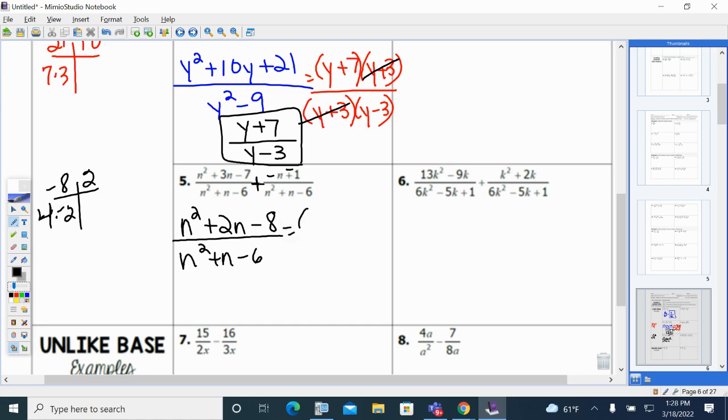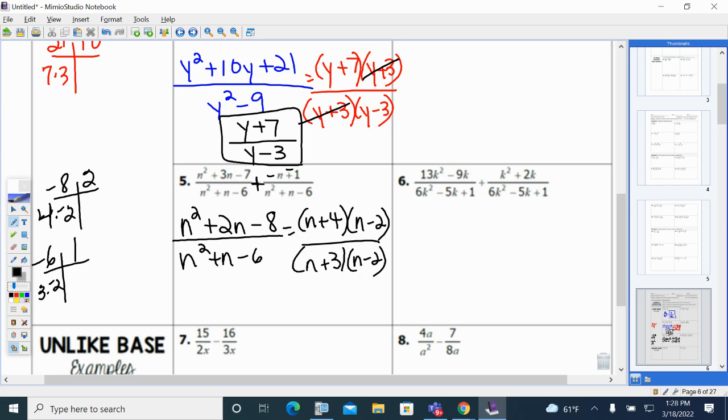So that's n plus 4 and n minus 2. And in the denominator, I need two numbers that multiply to give me negative 6 and add to give me 1. So 3 times negative 2. So I have an n plus 3 and an n minus 2.